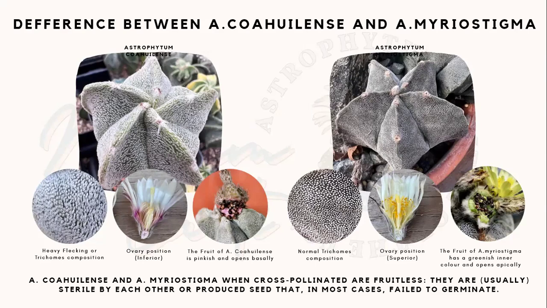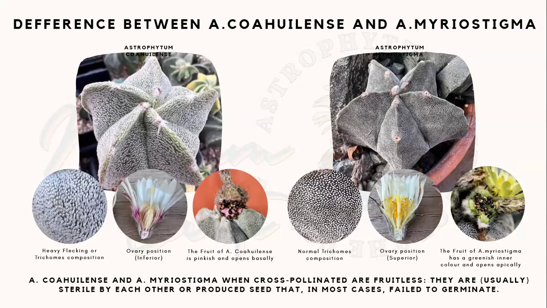That's the reason why, when seed dispersal happens, they have different abilities. The fruit of coahuilense will open from the bottom, and myriostigma will open from the top of the flower. So those are the three major key points to identify these two species.